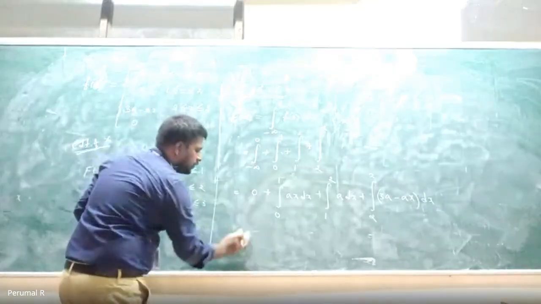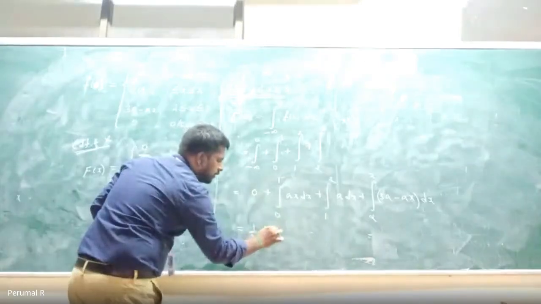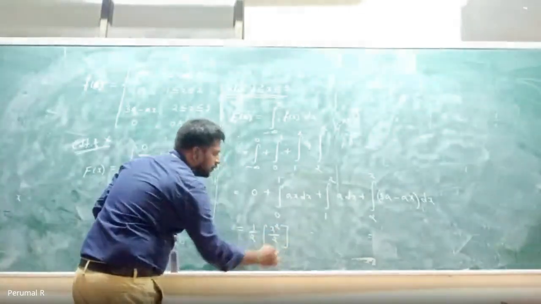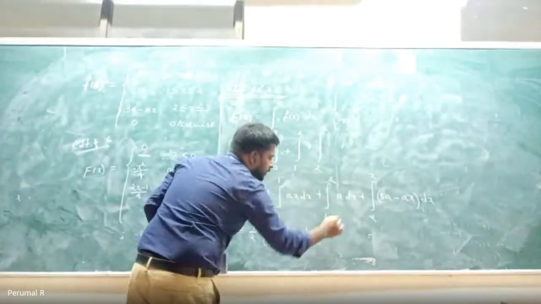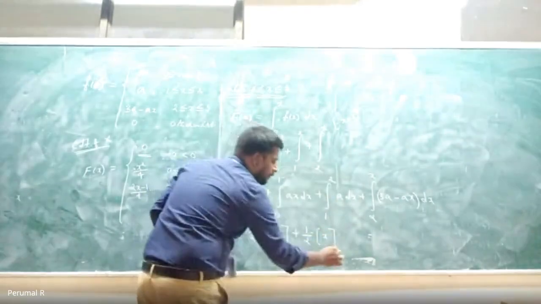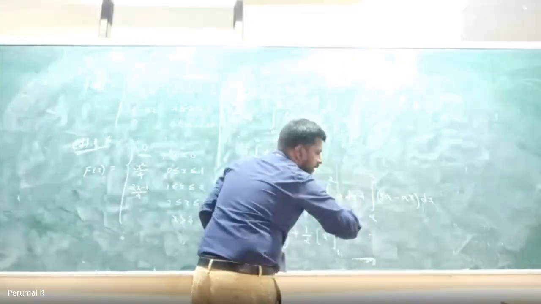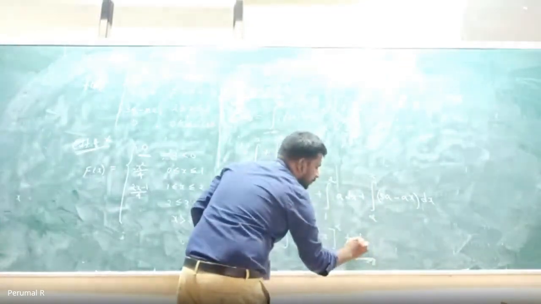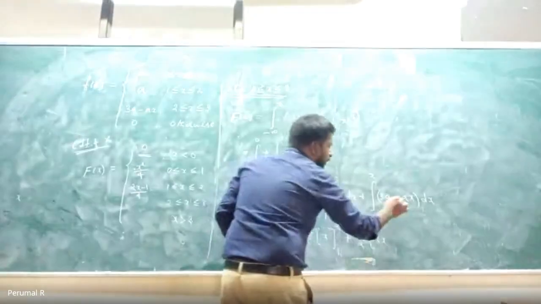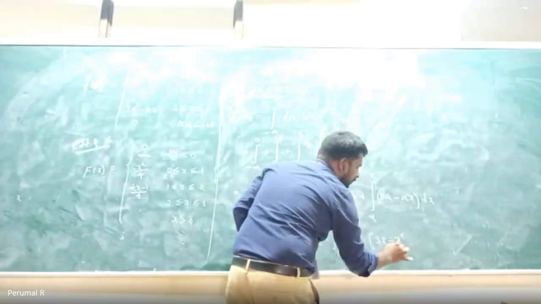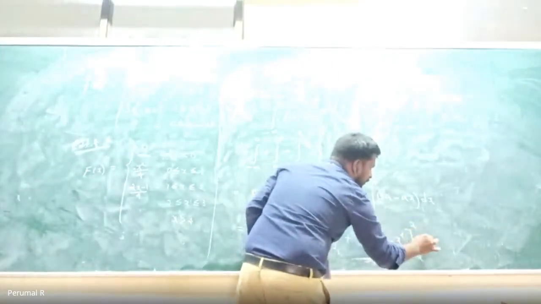So 1 by 1, I have to integrate. For a, the x value becomes x squared by 2. Here a equal to 1 by 2. Integration of dx is nothing but x, with limit from 1 to 2. Here, both the terms involving a, take a outside the integration. So therefore 1 by 2, (3 into dx) becomes 3x minus x squared by 2, with limit from 2 to x.